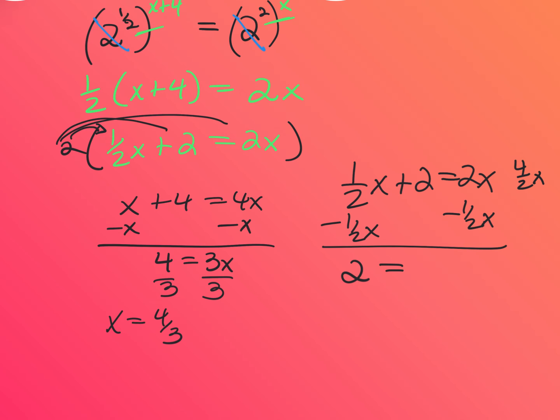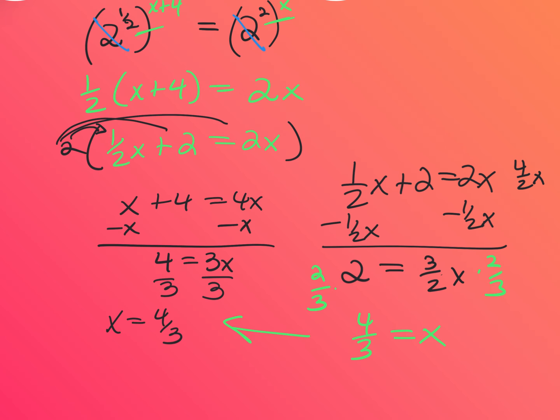And then put 4 over 2x, then 3. 4 minus 1 is 3, not 4. I would have gotten 3 over 2. And then what you're going to have to do is divide both sides by 3 over 2, which really means multiply by the reciprocal. And then this becomes 4 over 3 equals x. Same answer if you didn't want to clear the fraction.